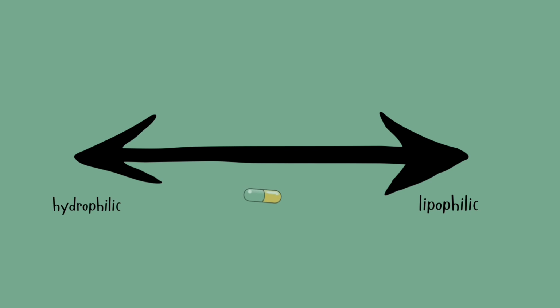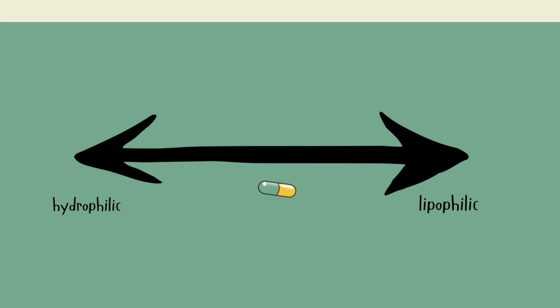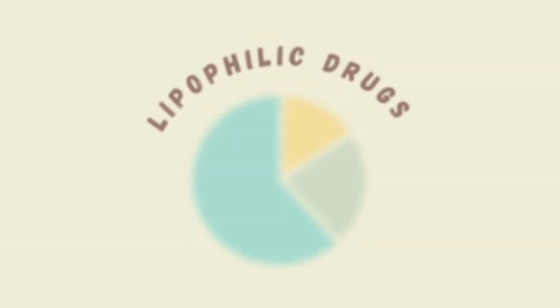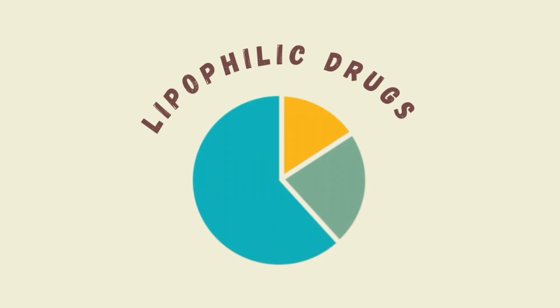Drugs too fall somewhere on the spectrum from hydrophilic to lipophilic and will be more absorbed into the body buckets that prefer it. Let us consider a lipophilic drug, that is, a fat-loving drug. It will distribute to some extent into plasma and into muscle, but it will preferentially distribute into fat tissue.